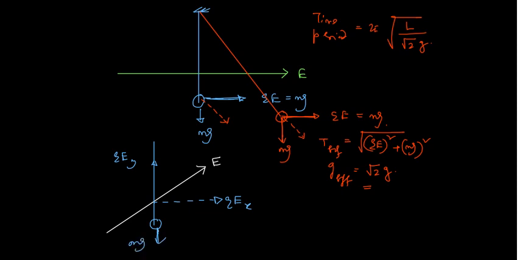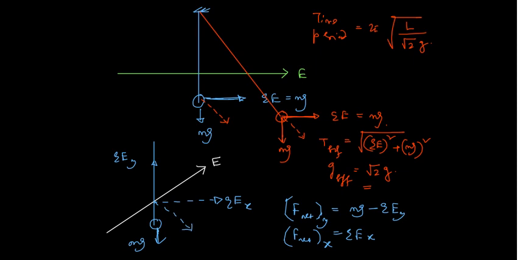So F net along y will be mg minus qEy, and F net along x will be simply equal to q into Ex. The vector sum of these two will be the resultant force.